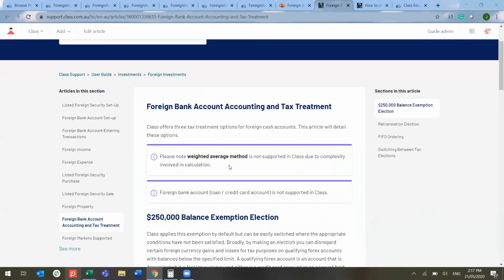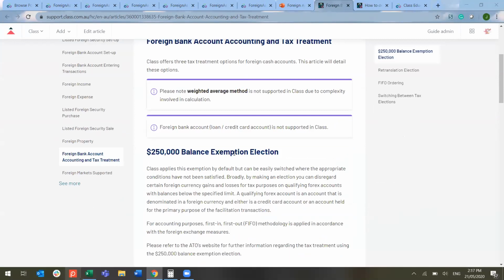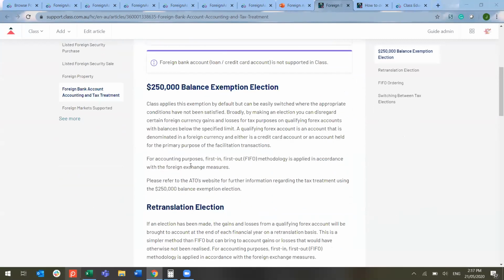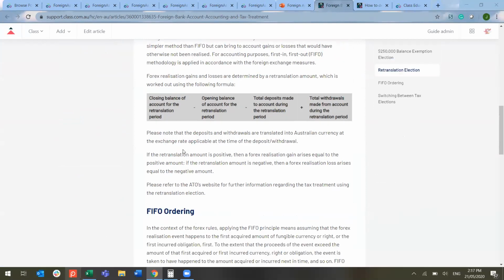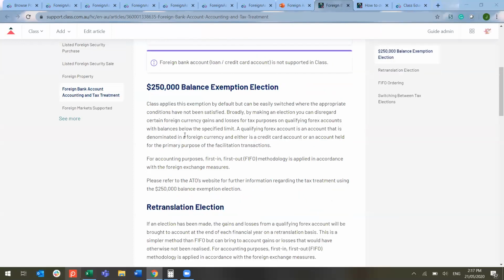So here is the user guide pages where we introduced the 3 methods. One is the $250,000 different balance exemption. Another one is the retranslation election, and the other one is, of course, the first in, first out method. So either way, have a read of these user guides later when you get a chance.